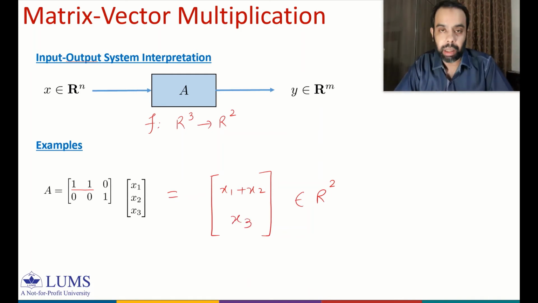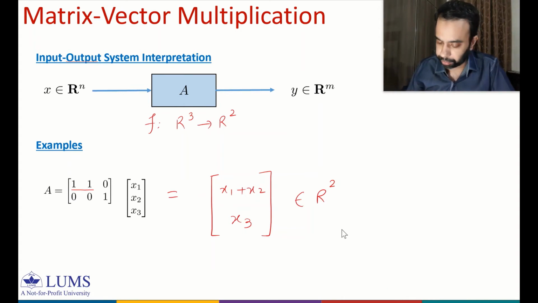How do you interpret this? So say A is a system that takes 3 inputs and it returns you 2 outputs. The first output is the sum of first 2 inputs, and the second output is the third input. So that's how you interpret this. Right?